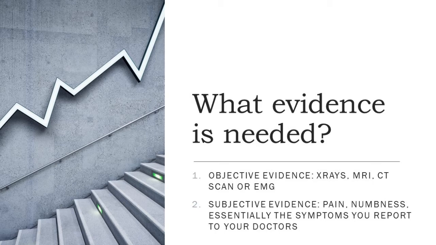In addition to those objective pieces of evidence, you also are going to need your subjective pieces of evidence. This would be the pain, the numbness, the limitation of motion, the motor loss, the tingling, the type of feelings that you experience on a daily basis from your radiculopathy.